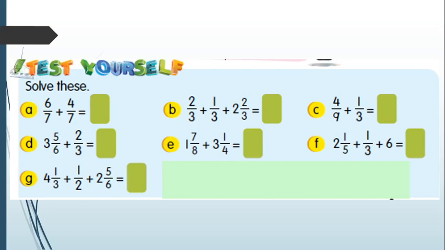Okay, you may use your exercise book to answer this one and follow the step or watch again the video to find out how to solve this question. Okay, hopefully you understand this video and the explanation, and hopefully you can answer all these questions correctly with the correct answer, with the correct step. Okay, thank you, that's all.